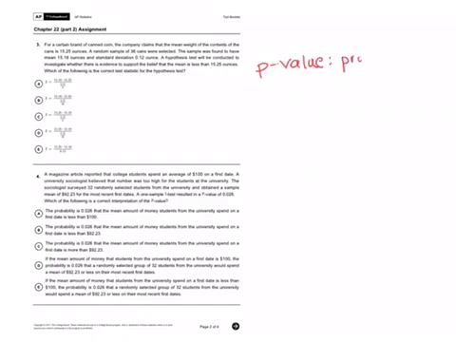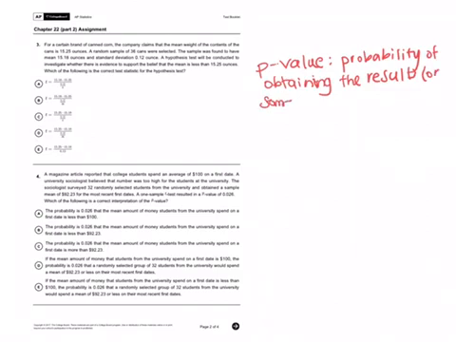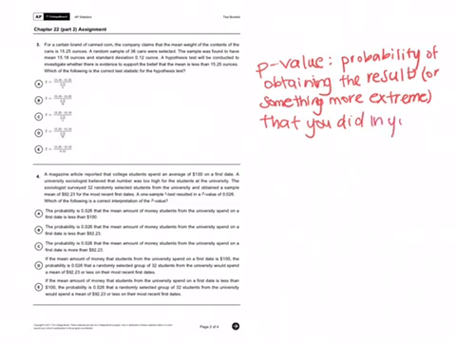So it's the probability of obtaining the results or something more extreme, so the results that you did in your sample, again, with the key part being here that you are assuming the null is true.